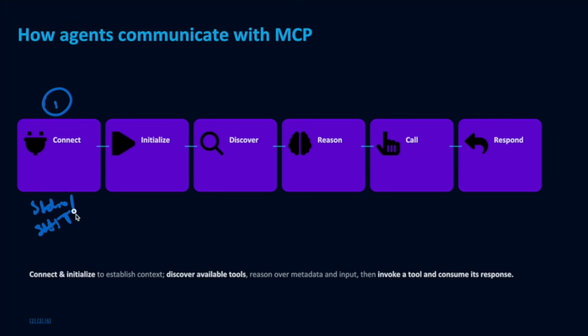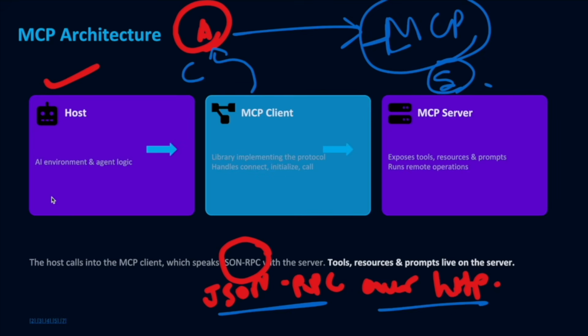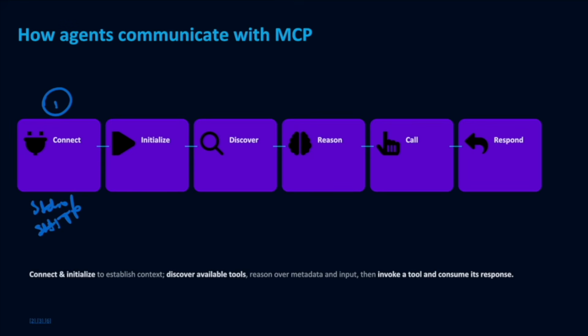Like I told you in the previous slide, it is JSON-RPC over HTTP. STDIO we're not going to talk about. It is just a local setup where you keep the tools locally in your agent, which we have already tried, so we don't have to worry about that. The only thing we are going to focus on is the HTTP way, because the MCP server resides somewhere else. Obviously, you need the HTTP protocol.